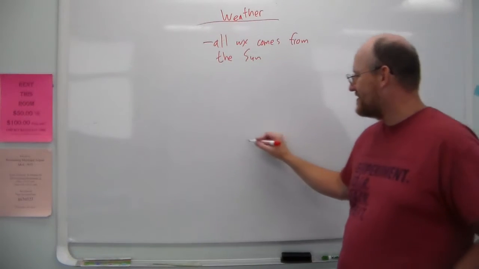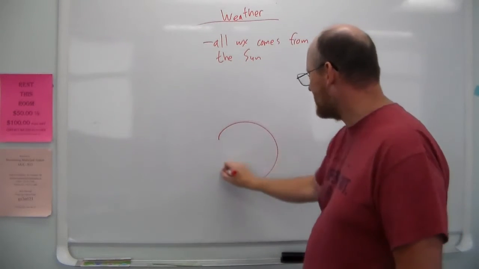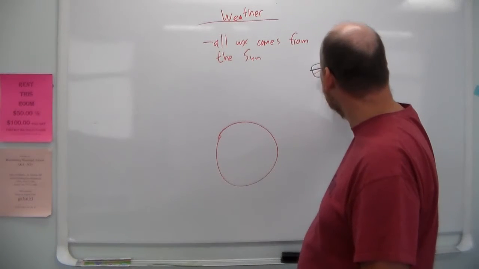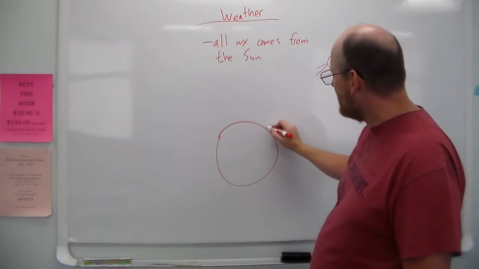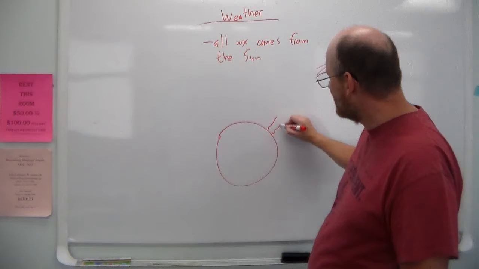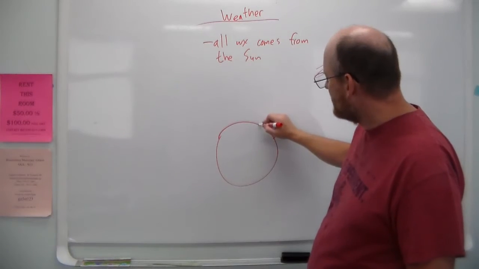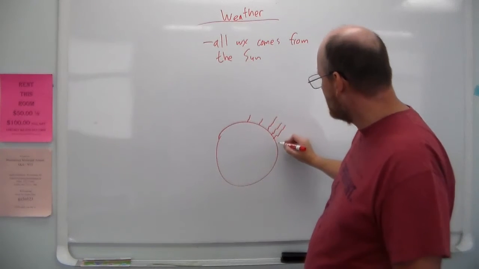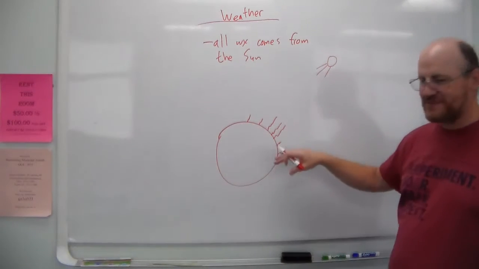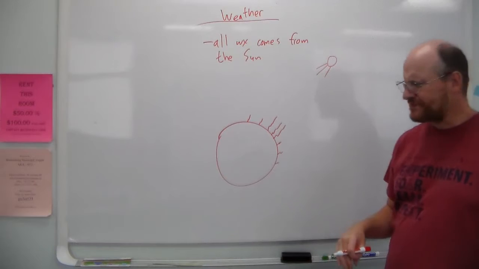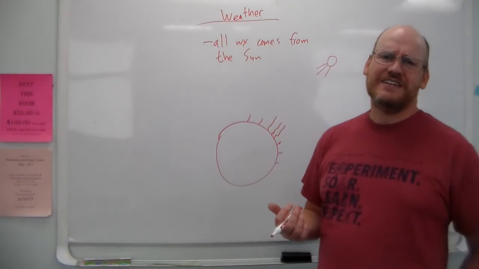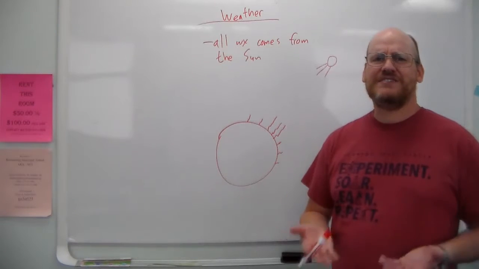So, you've got the earth, you've got the sun over here, and it heats the earth unevenly, right? You've got the more intense part and the less intense part. What happens to air as it gets heated? As air gets heated, it tries to rise.